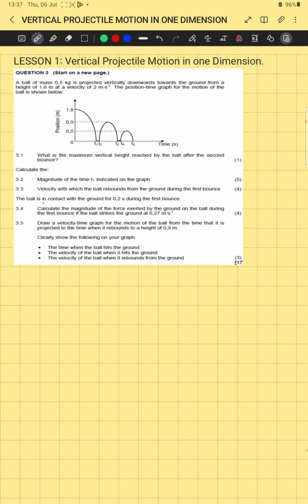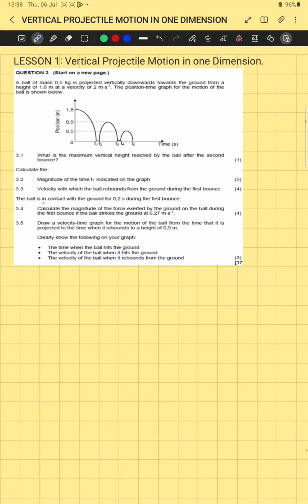Please guys, before you go straight to the questions, make sure that you understand the statement, what has been given in the statement, and then you also analyze the diagram. What is it that you need to calculate? In fact, check all the information that is given. All right, don't rush to the questions.